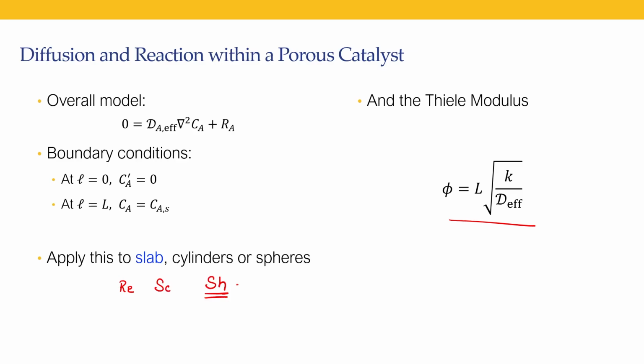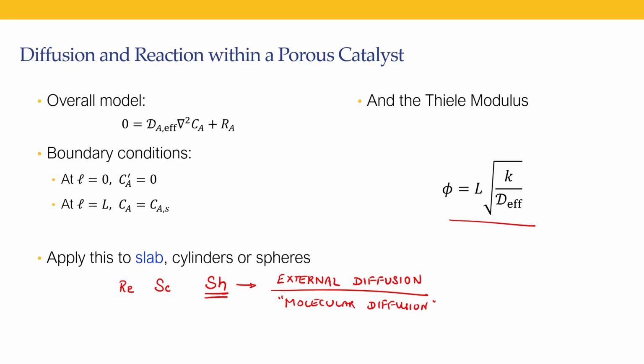Sherwood number is technically a ratio of convective by conductive terms.